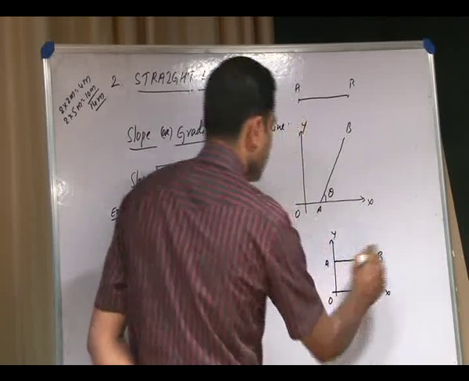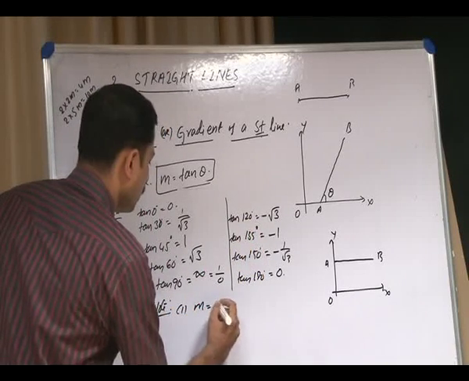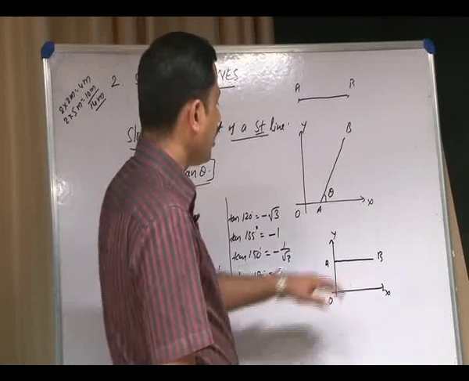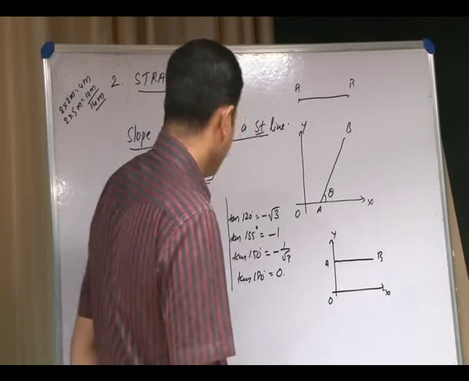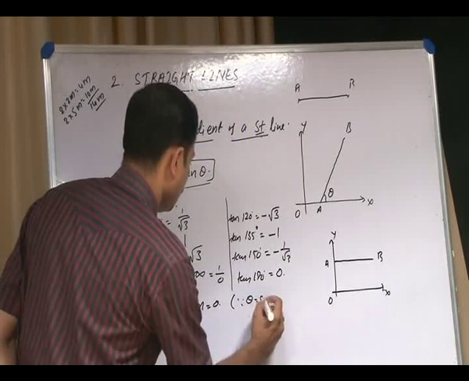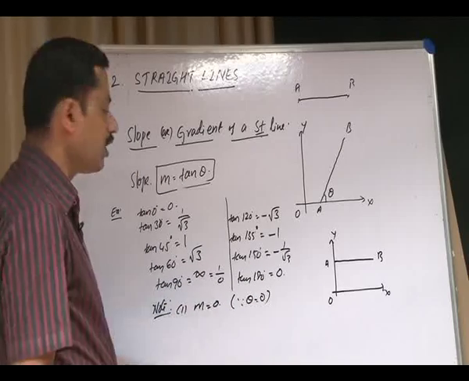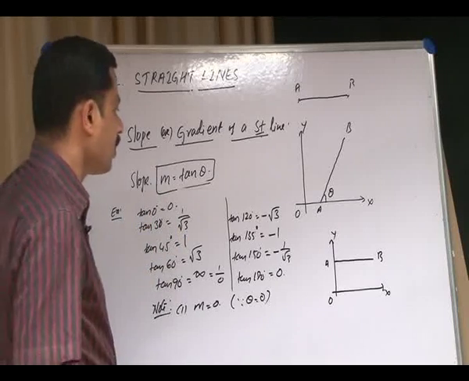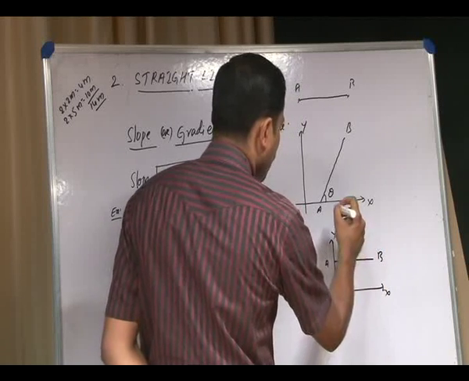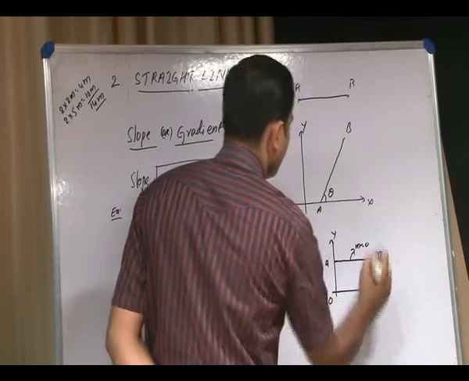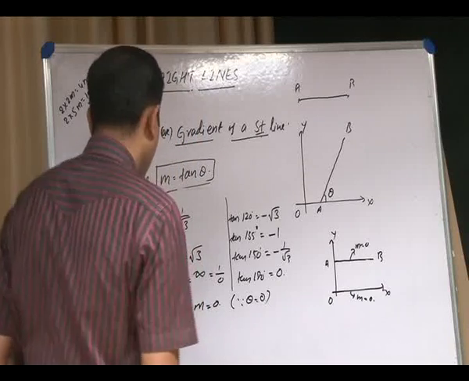This line is parallel to the x axis, so the slope is m equal to 0, since the inclination theta of line AB with the x axis is 0. Slope m is equal to tan theta, and tan 0 is equal to 0. That means the slope of a straight line parallel to the x axis or perpendicular to the y axis is always 0, and even the slope of the x axis itself is 0. That is note number 1.